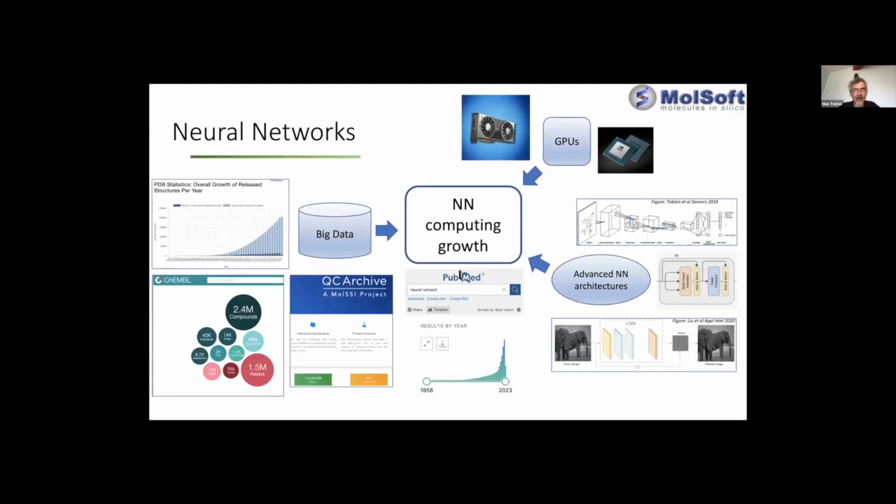Probably a few in the audience need to be convinced that we are experiencing a period of huge growth in neural network computing, which is fueled by a lot of data in our field: protein structures, chemical biology, also quantum chemically calculated data.